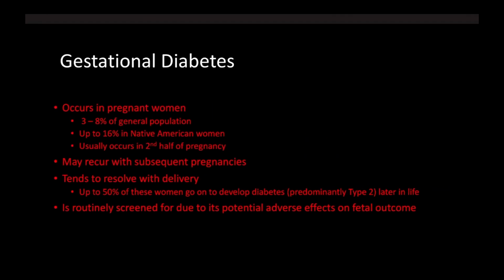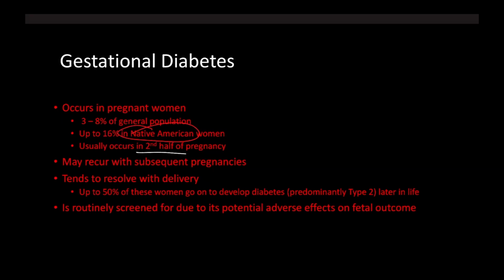Okay, so gestational diabetes, obviously in pregnant women because it's gestational. Obviously, the risk goes up in Native American women because those populations already have a higher risk of diabetes as it is.